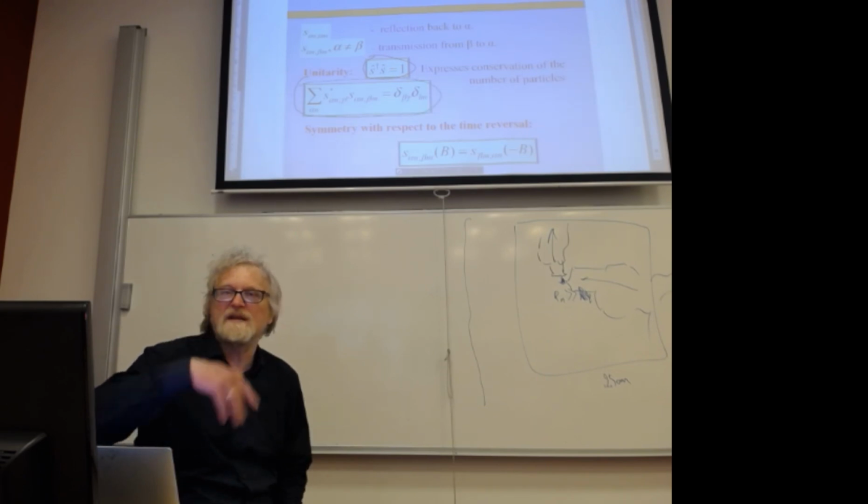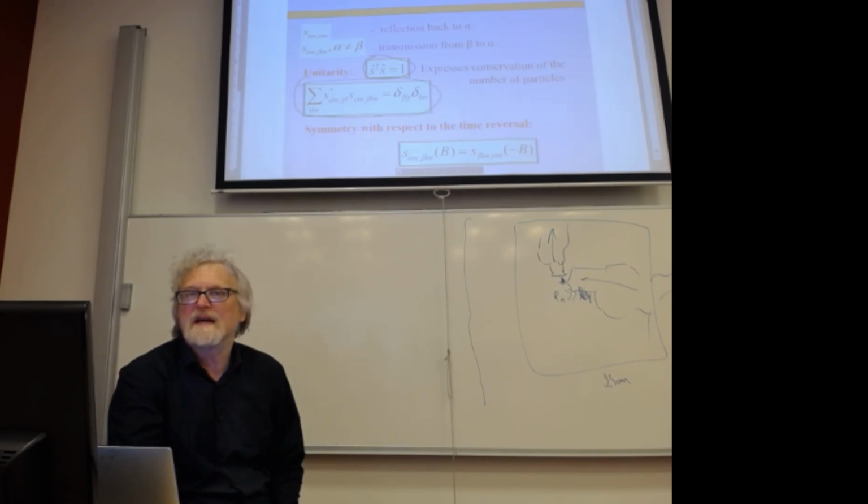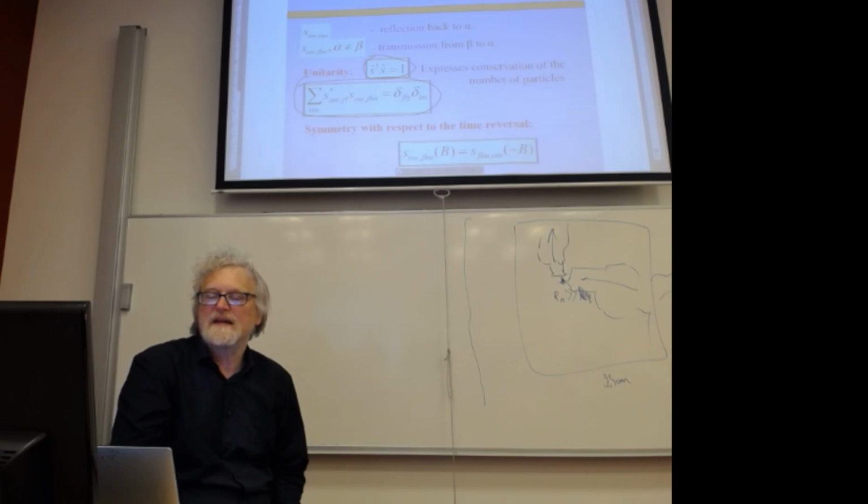Putting all indices explicitly, just rewrite the condition of unitarity. Once again, Greek indices number the leads, the terminals, and the Latin indices number channels in each terminal.